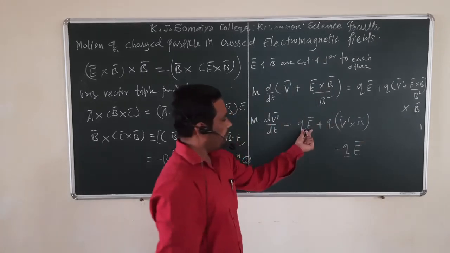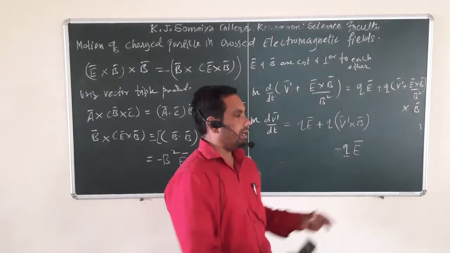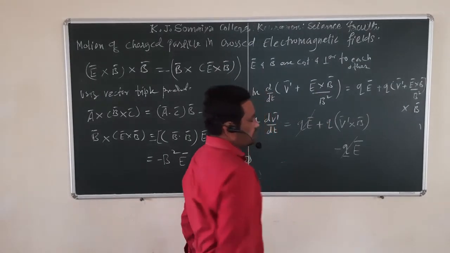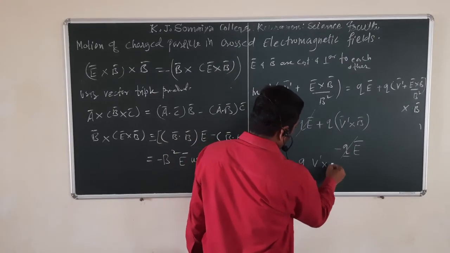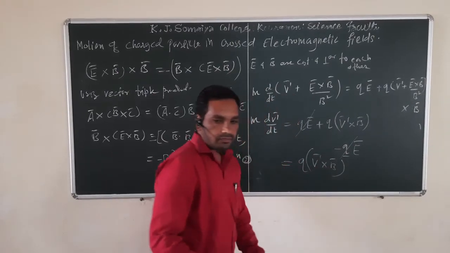So here we have plus qE, here we have minus qE, so we can cancel these two terms. So we get an equation like q v dash crossed with B.